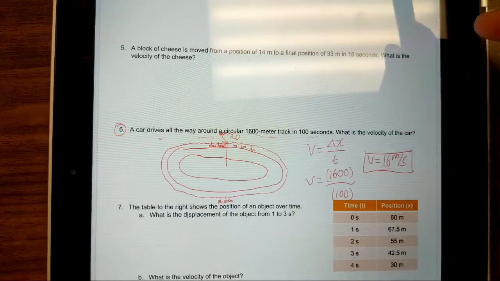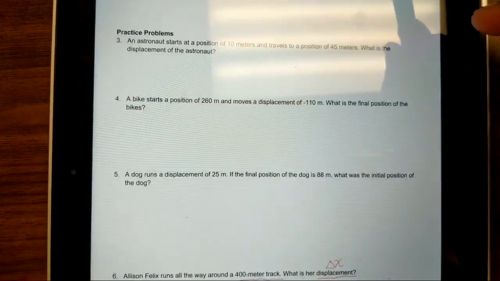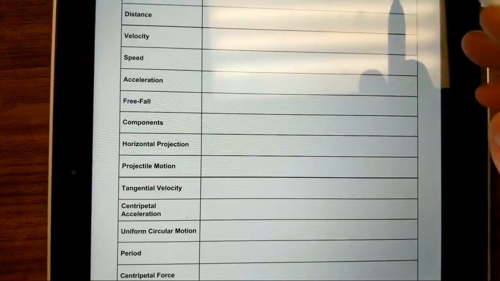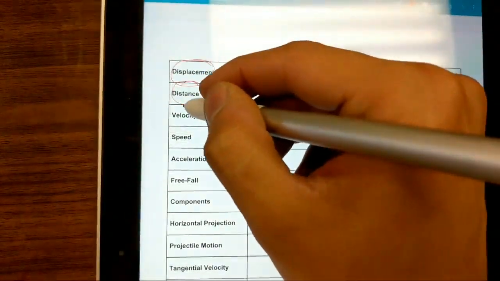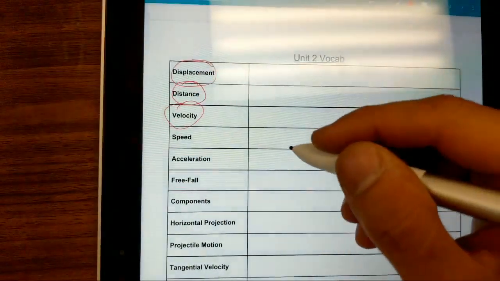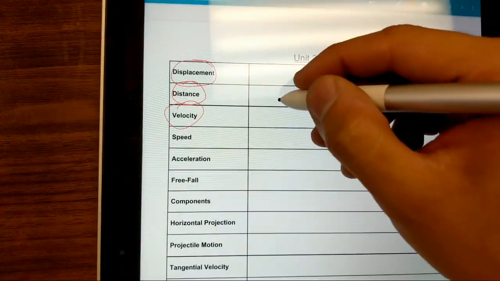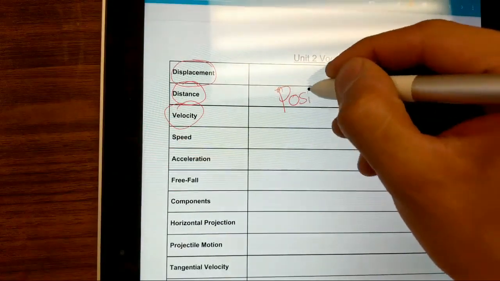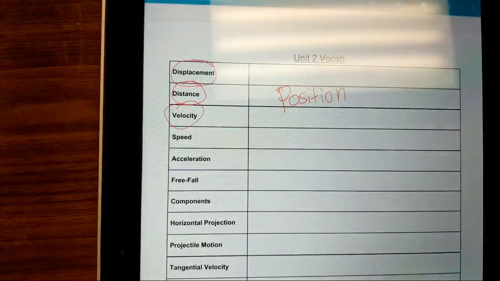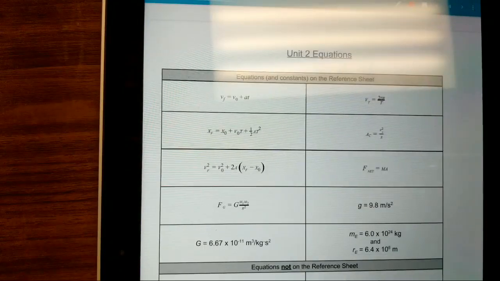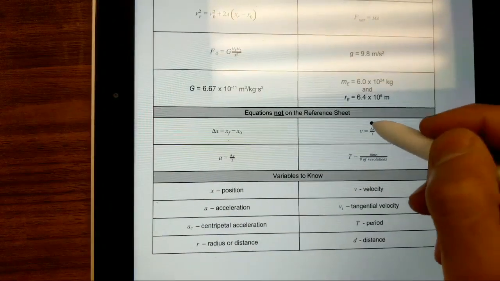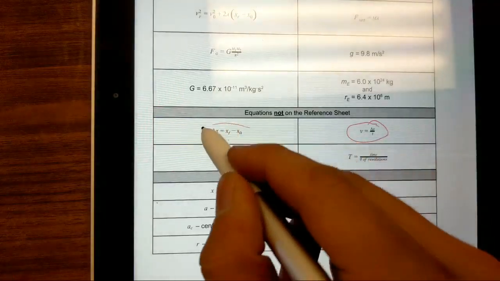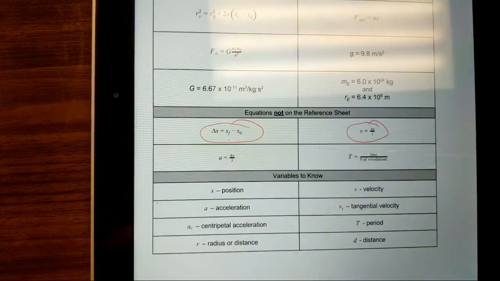Now to prepare for the quiz tomorrow, you absolutely should make sure that you know all of these things. You should know displacement, distance, velocity, position. You should know their definitions, their units, their variables. You should also know this velocity equation and this displacement equation.